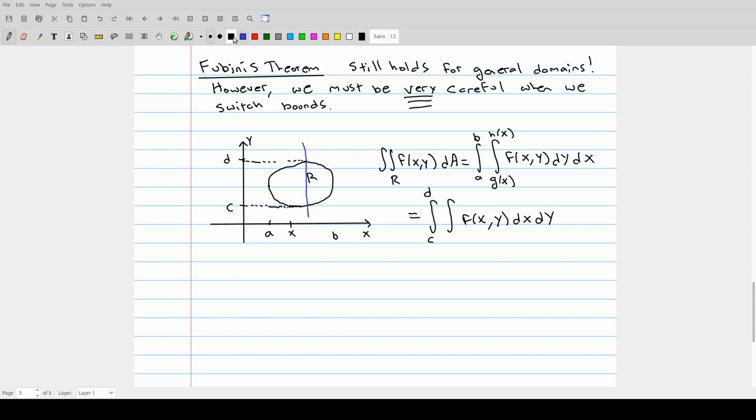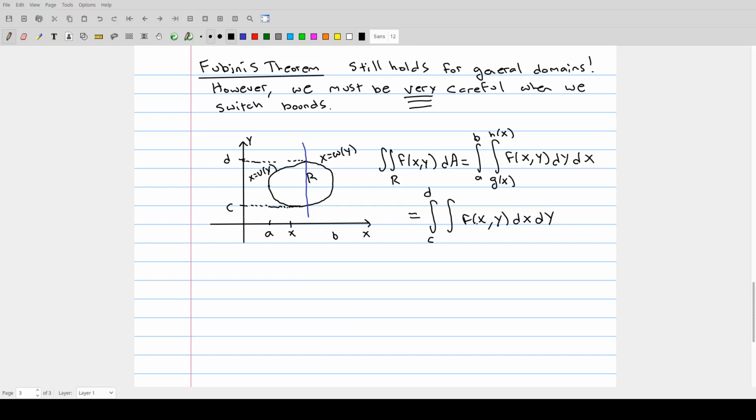What we need to do is figure out how to express this curve right here, the right half of the domain, or the upper part of this domain now, upper with respect to the x-axis, as a function of y. So let's say this curve right here is the curve x equals w of y for some function w, and we also need to express the lower bound of this domain as some function v of y. So x equals v of y, which is w and v.